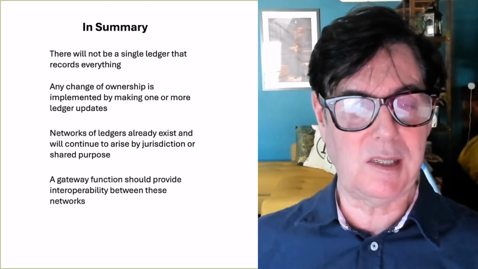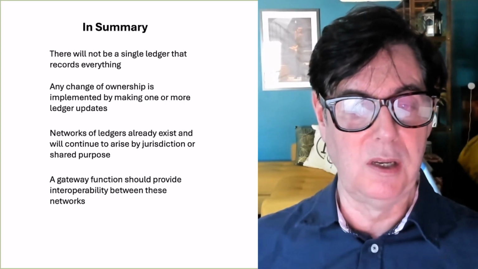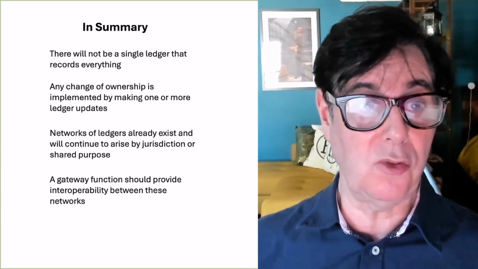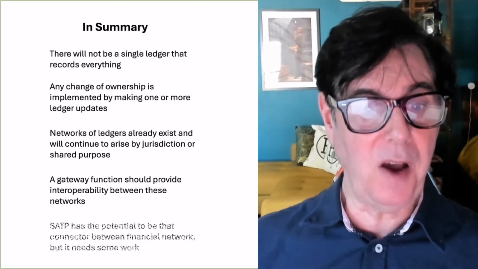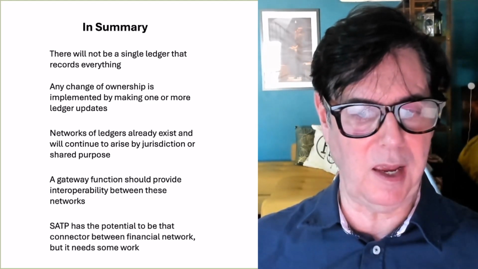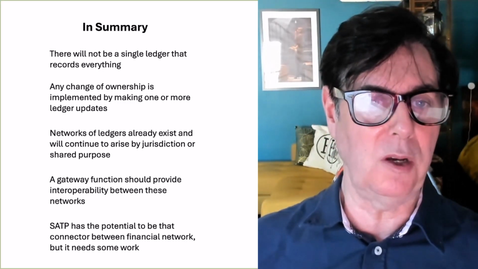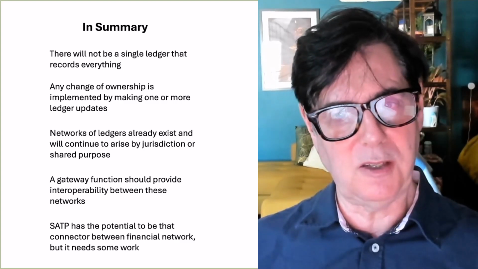We think a standardized gateway between networks is the way to achieve interoperability. And finally, SATP has the potential to be that connector, but it does require us all to pitch in and make it workable. I hope you found this interesting.